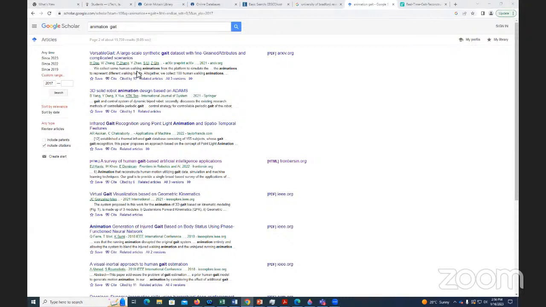I just chose gait because I had to choose something, because animation and all the machine learning is too large. And as I said, based on what I just glanced at, even gait and animation is way too large, because we saw the many different subsets of areas that gait is used in animation or machine learning. So many things. Does that make sense?